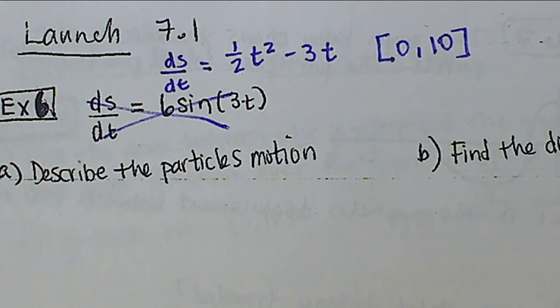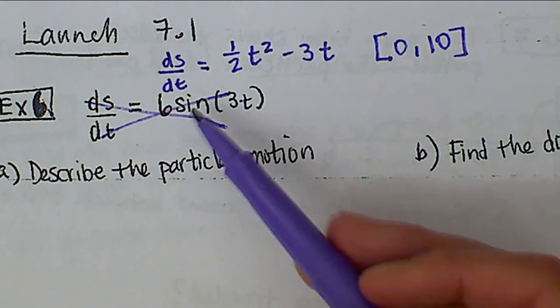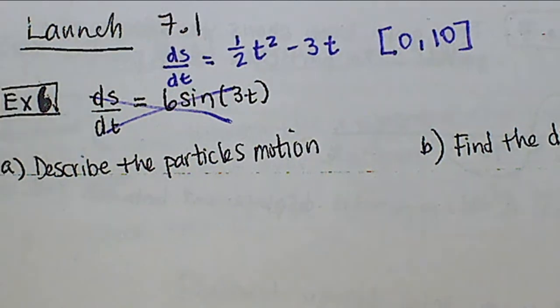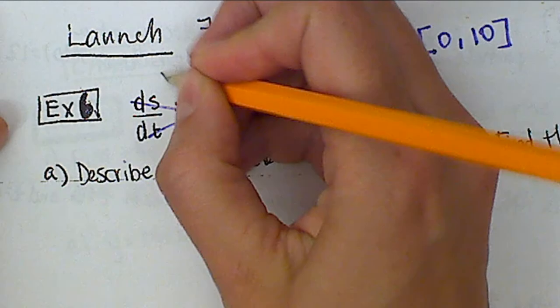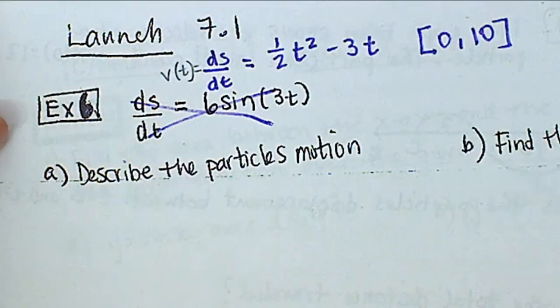So ds dt is the derivative of the position function. The derivative of the position function is velocity. So I'll just make a little note that this is the velocity.